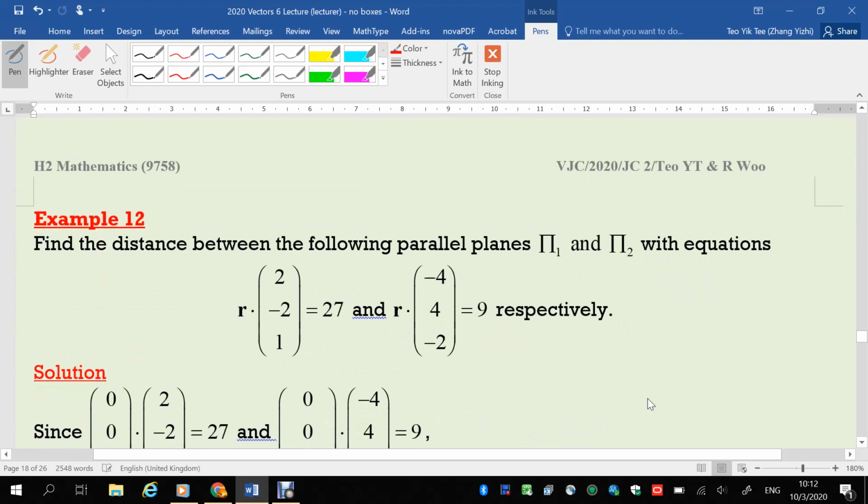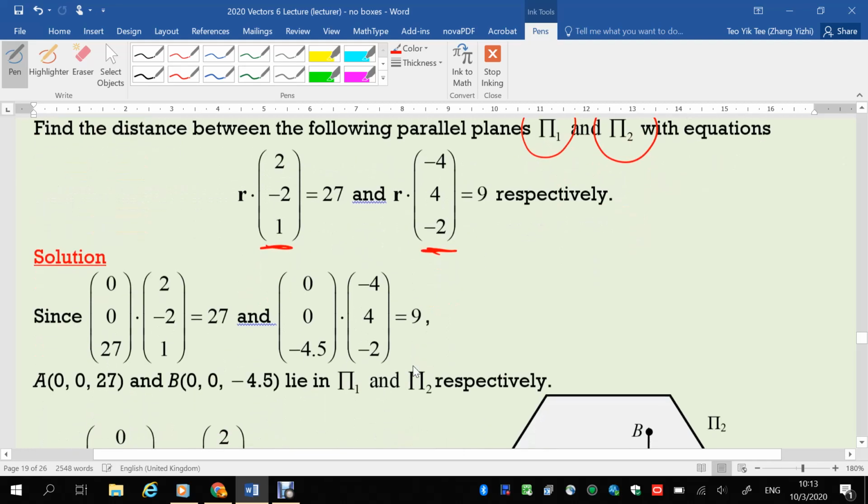So one example to run you through. Your job is to find the distance between pi 1 and pi 2. So make some observation. The normal vectors are parallel. So what it means is that the two planes are parallel.